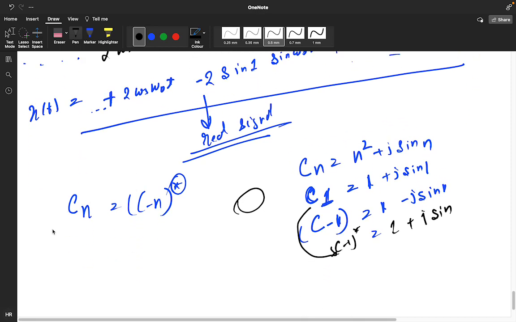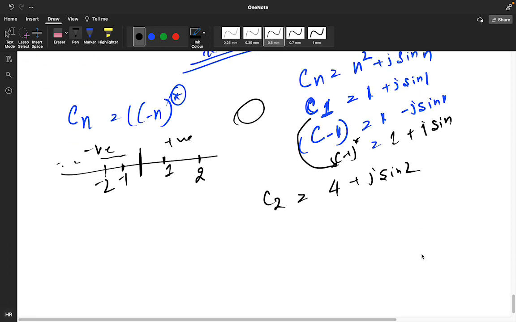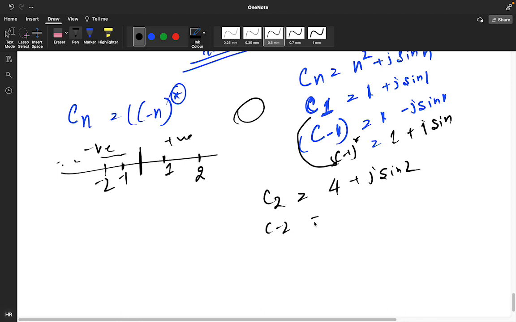You can check it for C of 2. This is your negative side value, this is your positive side value. So 1 you are putting, so you have to check for minus 1. You are putting 2, so you have to check for minus 2. C of 2 will be 4 plus j sin 2. C of minus 2 will be 4 minus j sin 2.